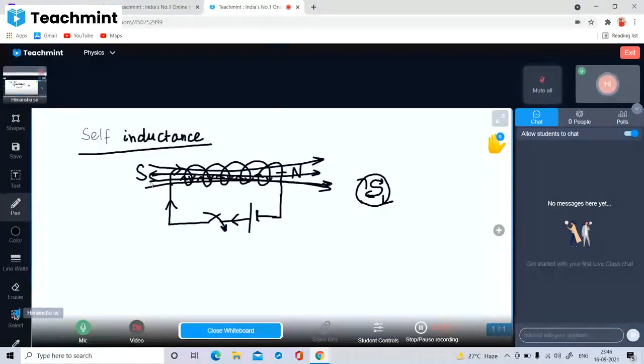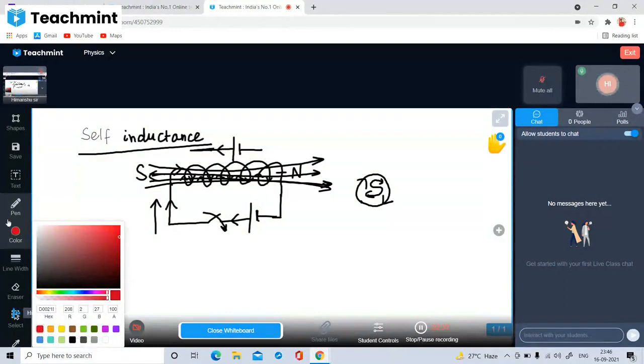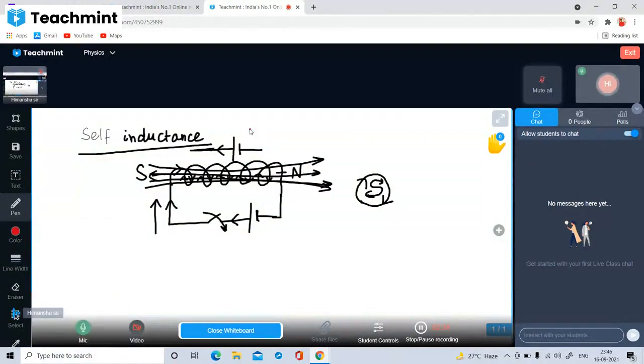And this change in current will give rise to the change in flux. And in this way, if current is growing in this way, then assume another current will flow and the battery will be assumed like this. And this is nothing but induced current. Are you getting my point? It is induced current.